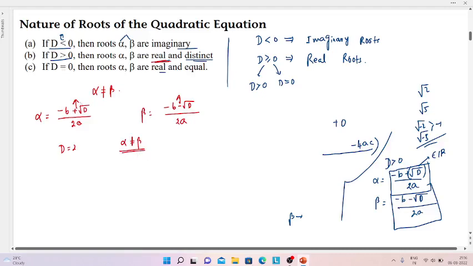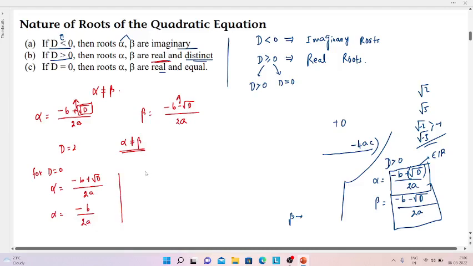But if we put D as 0, then this total part, root D, will vanish, will become 0. Then what will be the value of alpha? For D equal to 0, we have (minus b plus root 0) by 2a, and definitely alpha will become minus b by 2a.